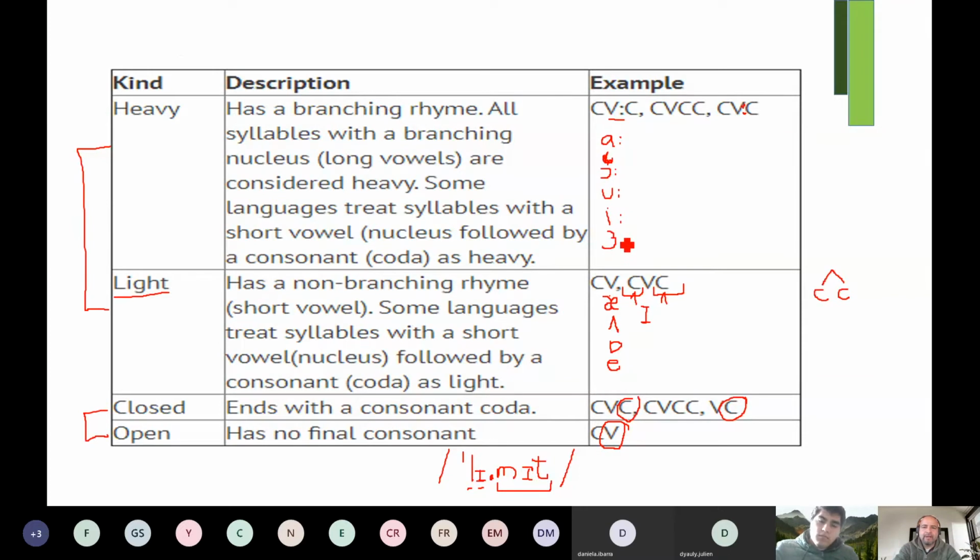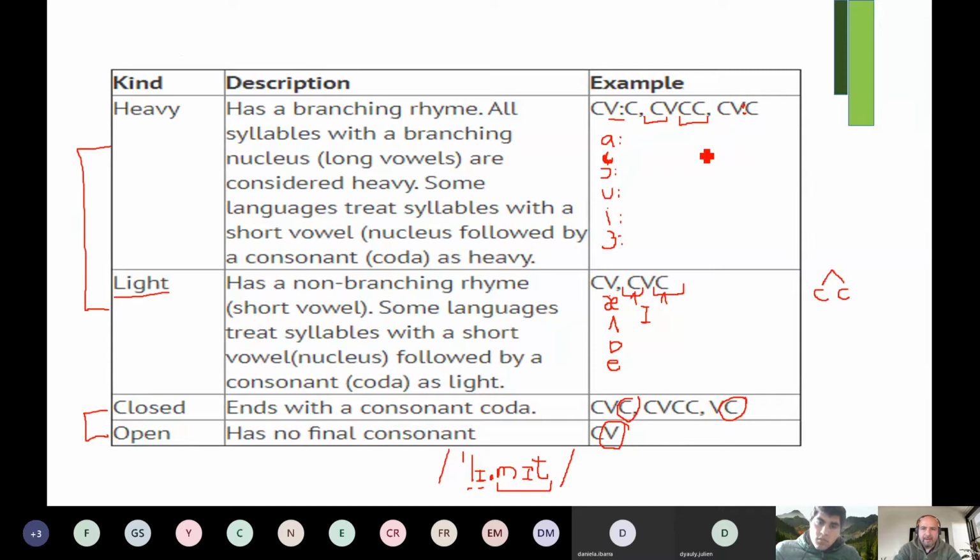All of these are called long vowel sounds. So whenever you have a long vowel sound as the nucleus, the syllable will be called a heavy syllable. And the other possibility is that the syllable contains two or more consonant sounds either in the coda or in the onset.